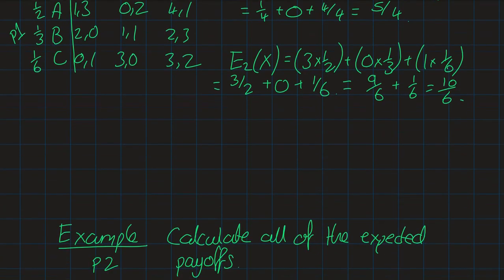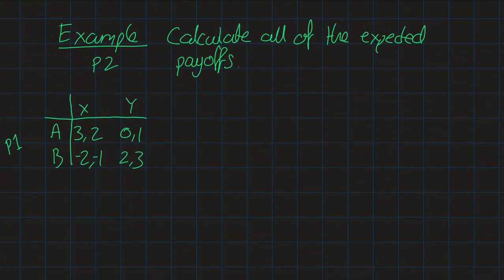So let's try a different example. In this example, I ask you to calculate all of the expected payoffs, but I haven't given you the mixed strategies yet. In fact, I'm not going to give you numbers, I'm just going to give you variables.